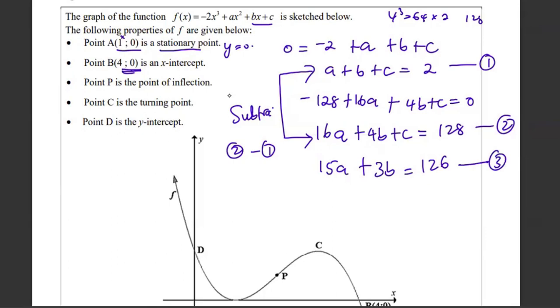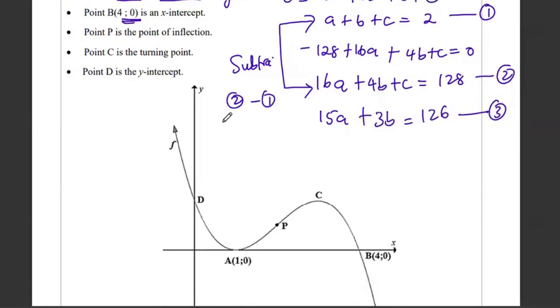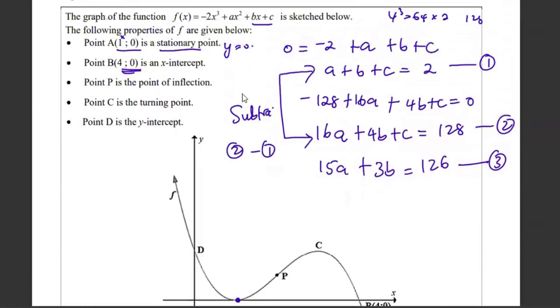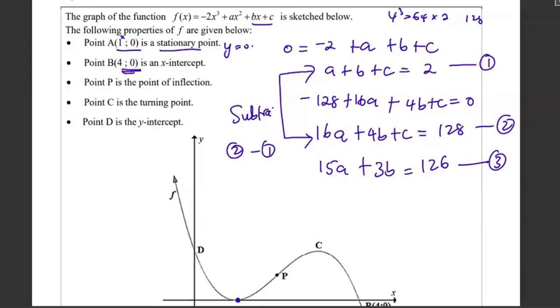Then we were given a turning point, this 1 and 0. Oh, I see why it is a 3-mark question. It now makes sense. The approach I'm using is a long approach, but it's fine.